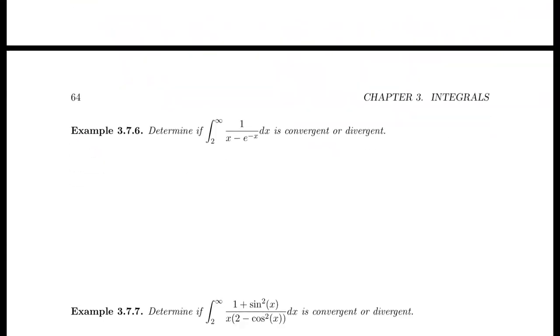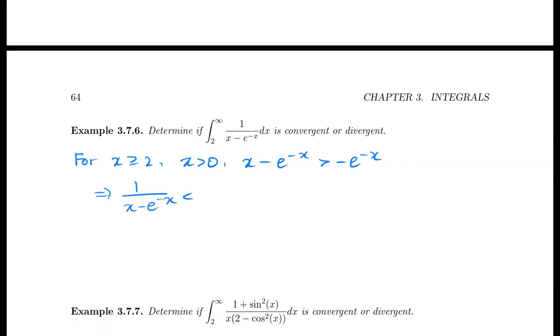When x is greater or equal to 2, x is greater than 0, so x minus e to the power minus x is still going to be larger than negative e to the power minus x. Then take the reciprocal of it, and we would have the opposite sign.